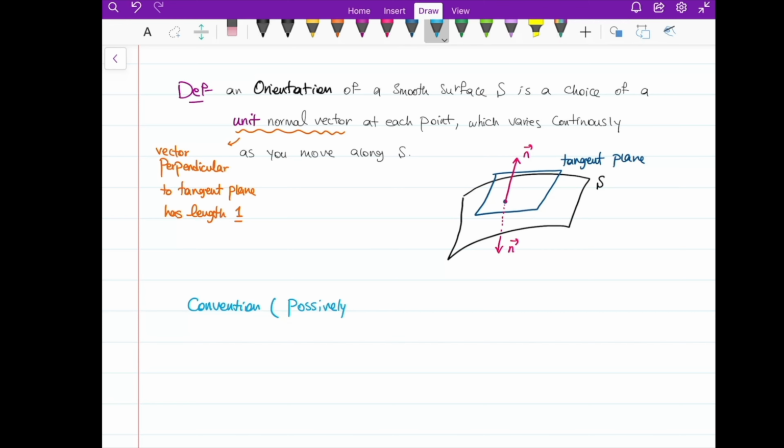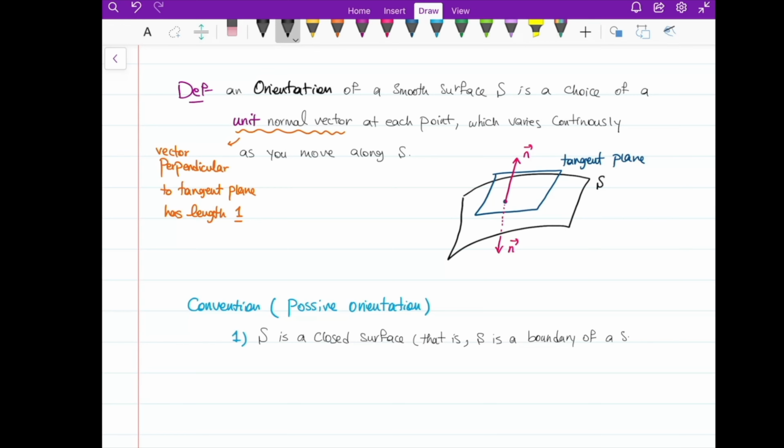So positively oriented, or positive orientation, is what? If we have a closed surface. So if S is a closed surface, it means that S is the boundary of a solid region.